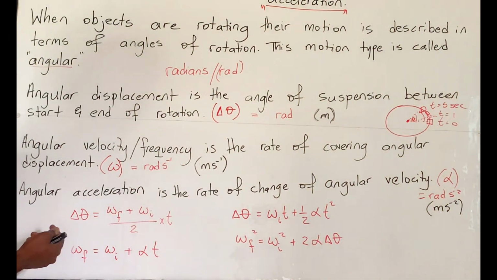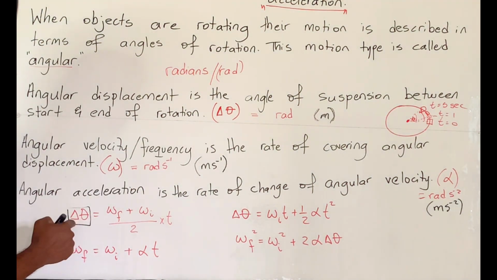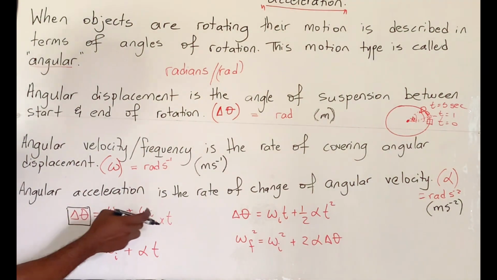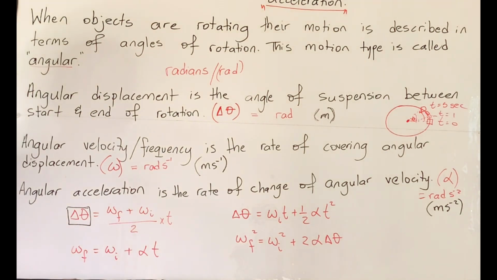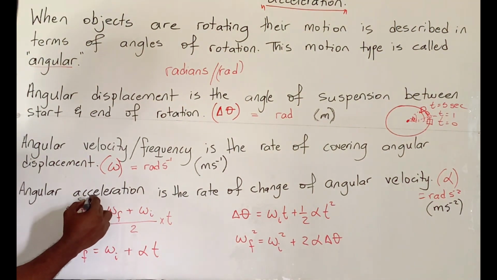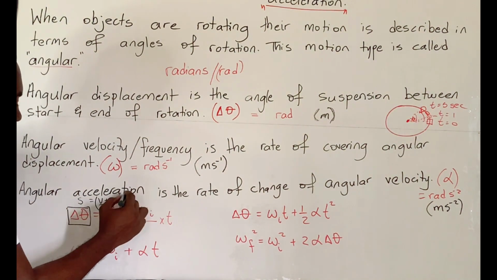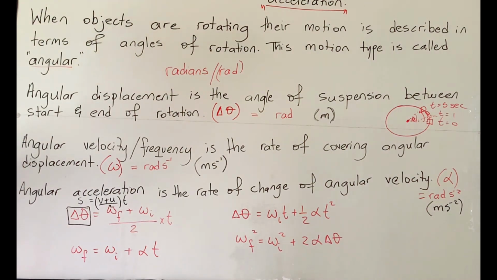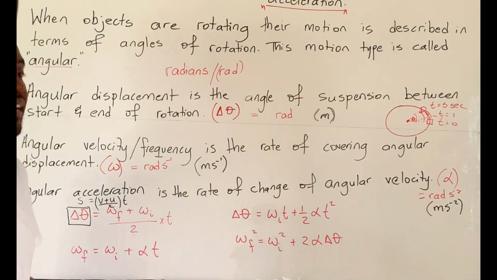Like the first one here, where the triangle means delta, delta theta is equal to omega f plus omega initial over 2, times time. In linear motion, this would have been the formula s is equal to v plus u over 2 times t. So all we have done is convert this linear equation into an angular equation.